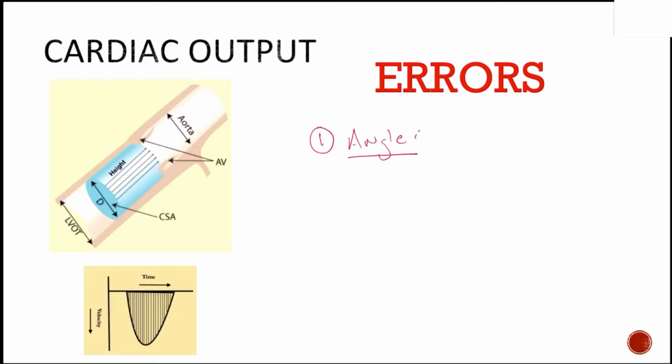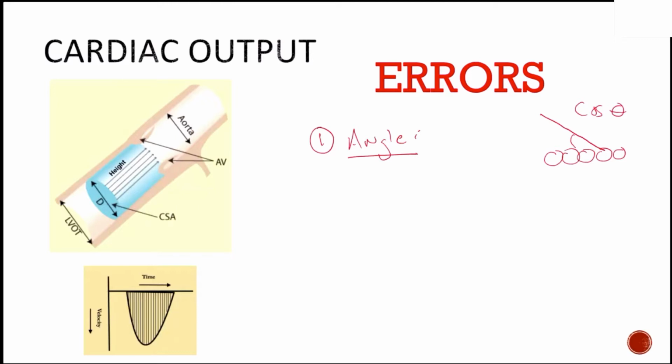Because if a red blood cell is going in this direction and I'm measuring the Doppler velocity like this, the actual Doppler velocity is going to be a cosine of this angle. So once I get over 20% of angulation, I start to have gross abnormalities in the true calculation of that Doppler velocity. Okay, so the angle is going to be of utmost importance.